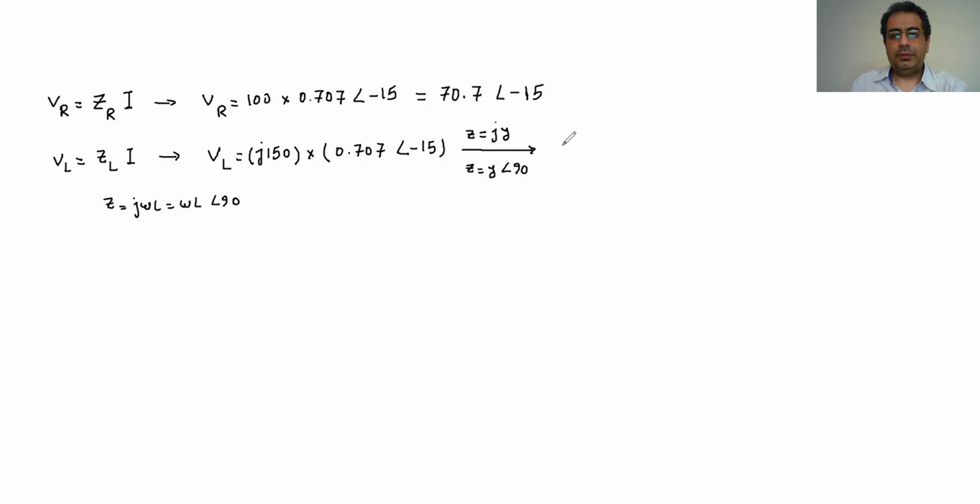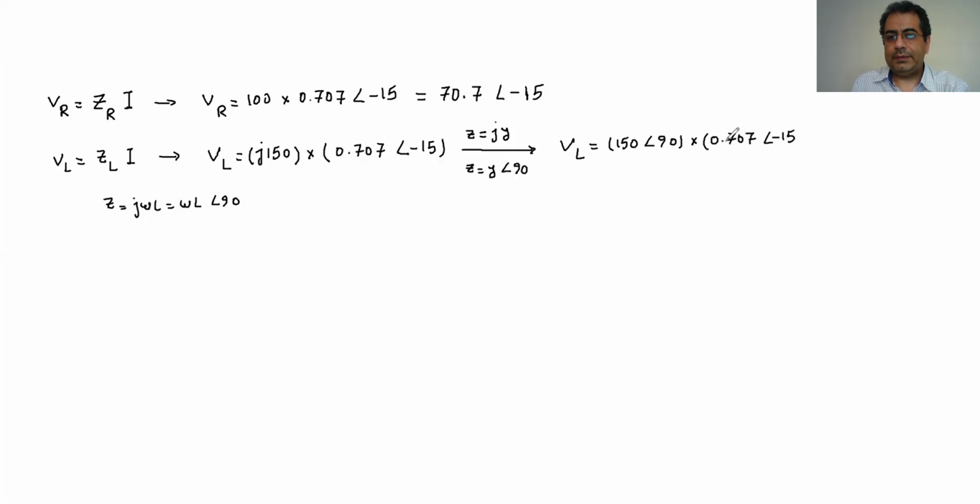So then the V_L is going to be 150 with angle of 90 times 0.707 with angle of negative 15.